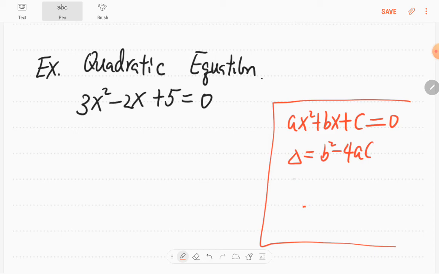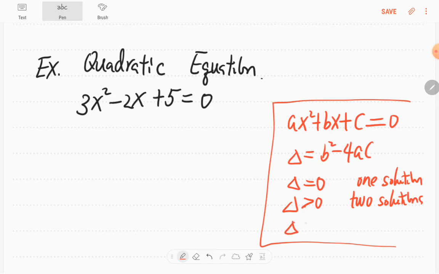So if this equals 0, we only have one solution. If this is greater than 0, we have two different solutions. If this is less than 0, we say no real solution. Before, we said no solutions, but it actually means no real solution.